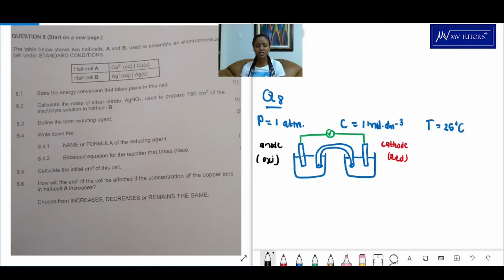The anode would be negative. The electrons will be flowing all the way to your cathode, and your cathode will be positive.